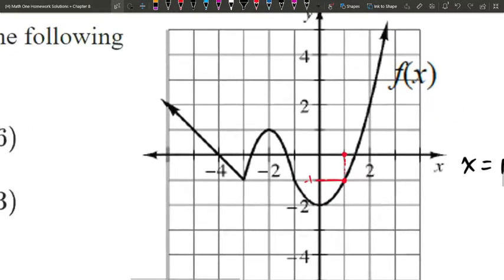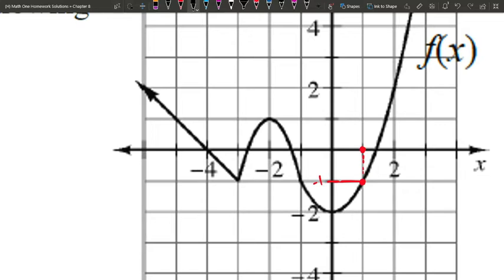So right here is the spot where my input is negative 6, right? One, two, three, four, five. Oh, no. That's negative 5. This is negative 6. Here's where my input is negative 6. So if negative 6 goes into that function, the output is going to be way over here.